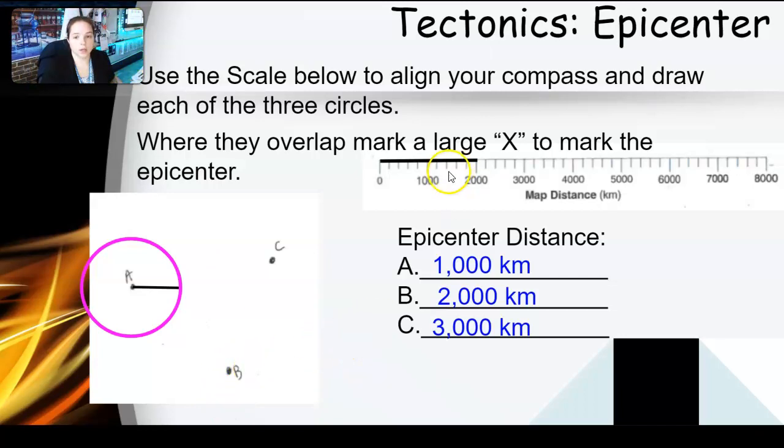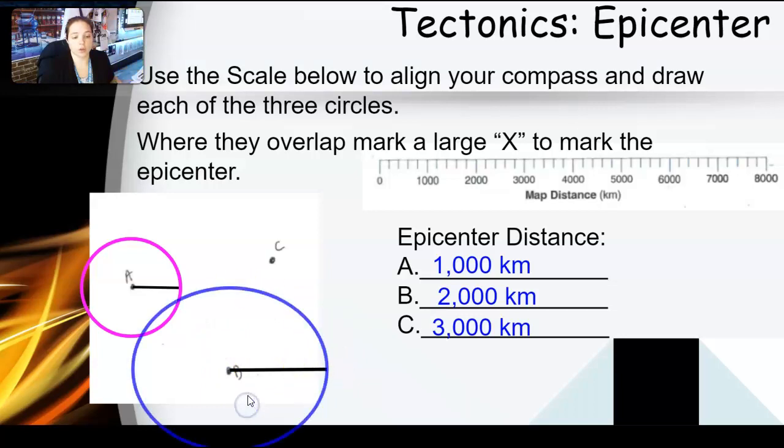So say there's my 2000, just like I showed you. I will put my B right there, and then I will use my compass to draw the circle. And then you'll do the same thing with letter C. Letter C, I would go back up to here. I'd move this so that the 0 and the 3000 line up.